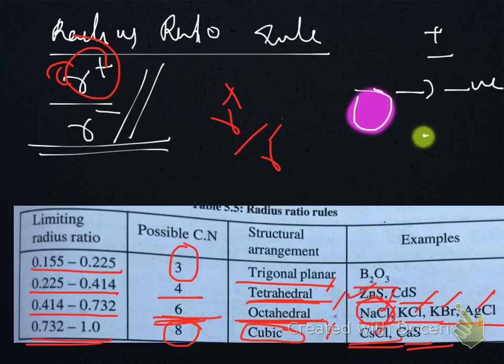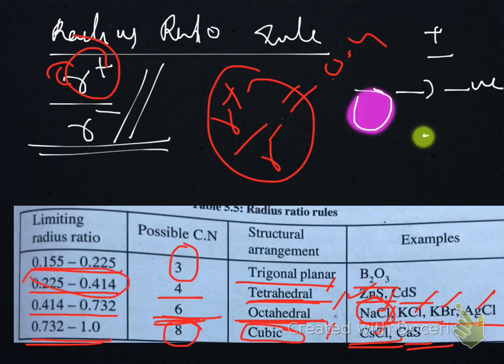Radius of cation and radius of anion are given, and you find out the ratio. Suppose it is 0.4. Then 0.4 comes in the range 0.225 to 0.414, so that is tetrahedral. If it is 0.52, then it belongs to the 0.414 to 0.732 region, so it is octahedral arrangement. This way you can solve the problems and predict the structural arrangement. Okay, thank you.